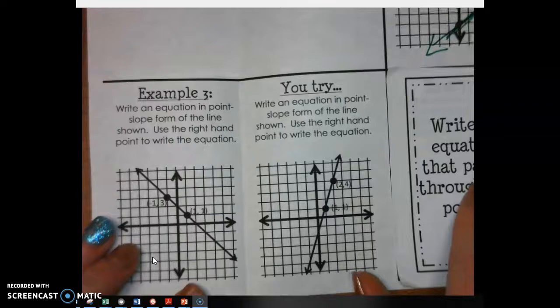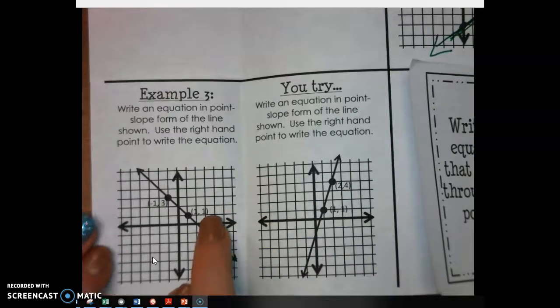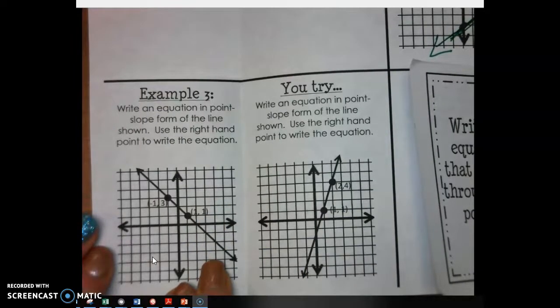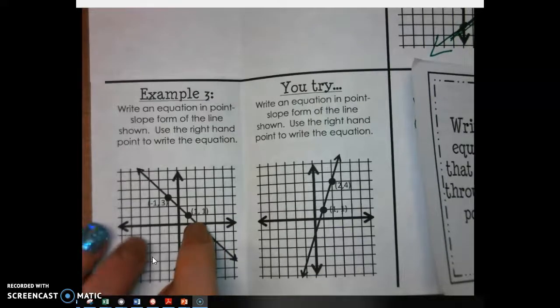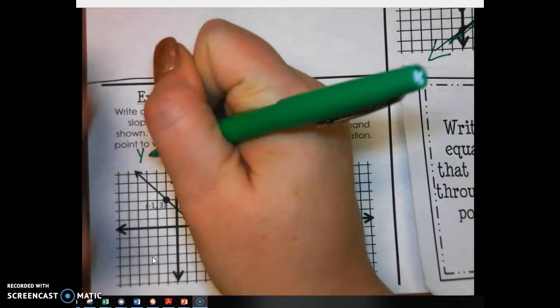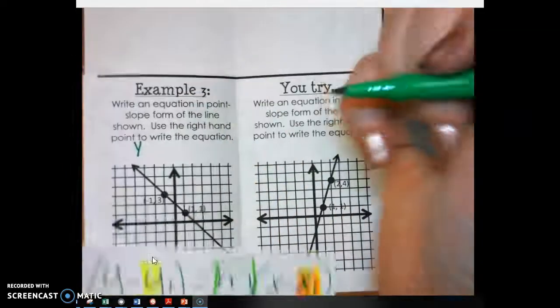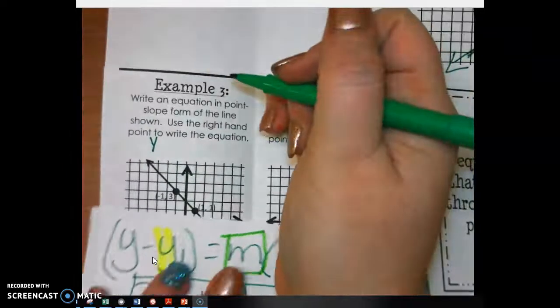Okay. Jump over here to example 3. Write an equation in point-slope form from this line using the right-hand points to write your equation. Okay. So we're going to have y, remember, where's my paper? y minus y1.